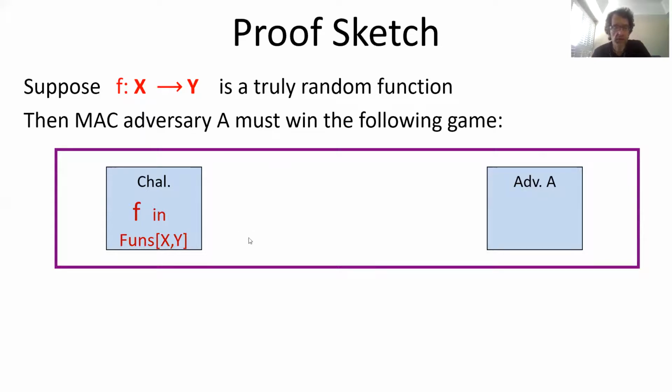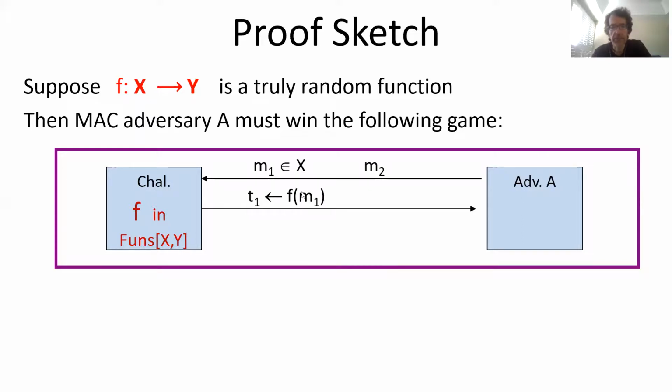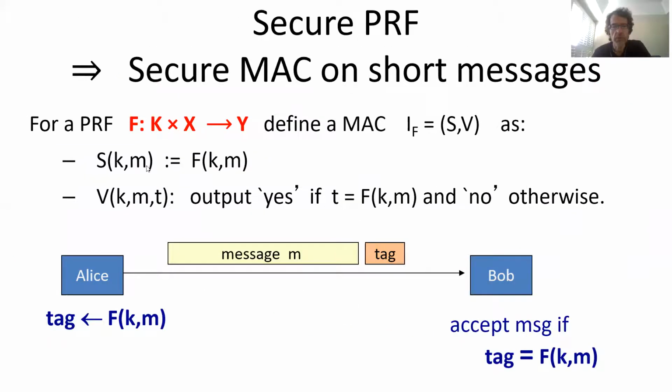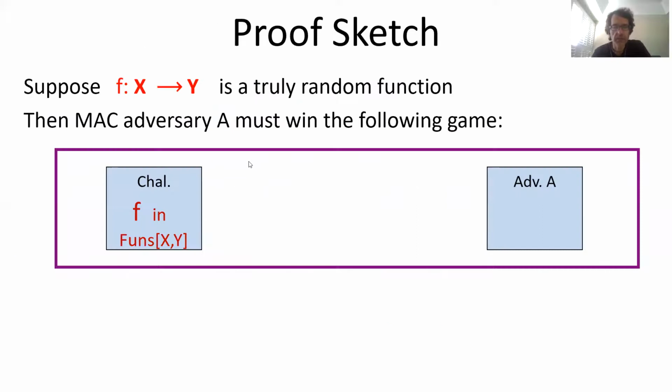So the proof is, okay, an attacker chooses messages and gets back tags. Suppose that we replace this function f, which is a PRF. In a real construction, the signature is an output of f_k of the PRF with a random key k. But if this is a PRF, then f_k should look like a random function.